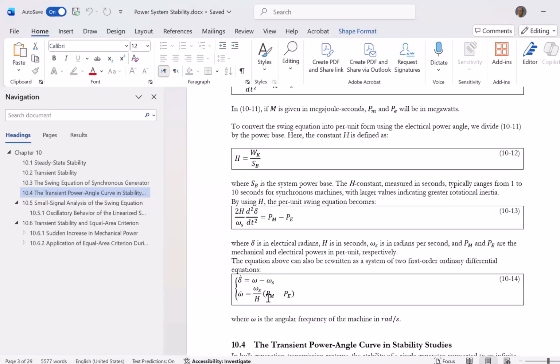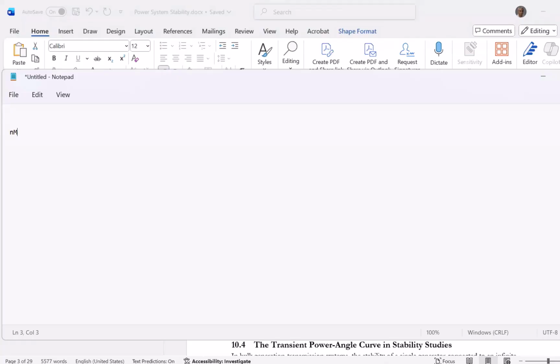If your synchronous generator is rotating at 120 times f over p, where p is the number of poles, that is, the rotational speed of the rotor in RPM, revolutions per minute, is equal to 120 times f, which is the desired frequency, for example for us 60 hertz, over the number of poles of the machine.